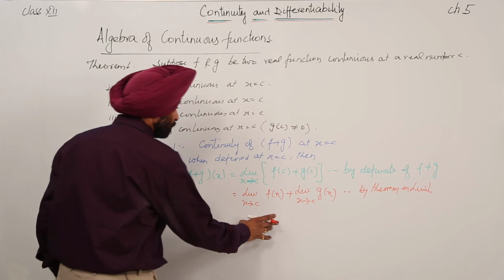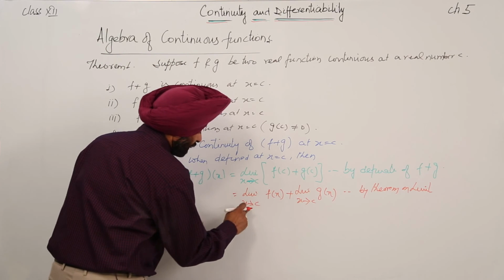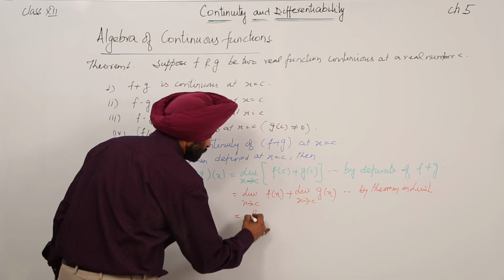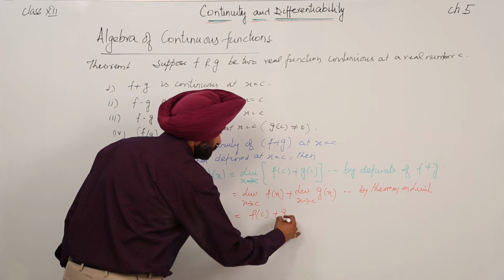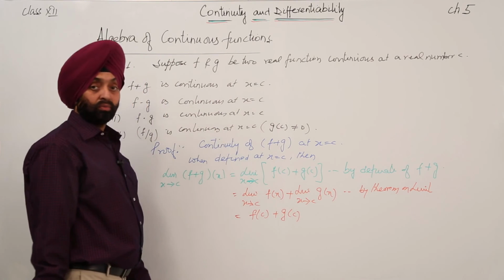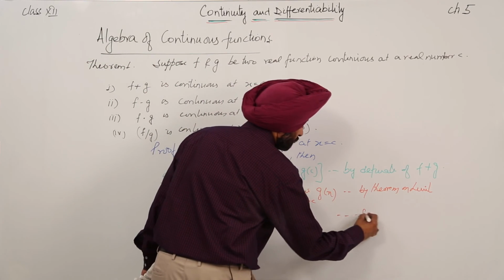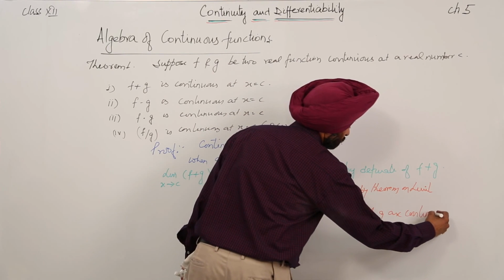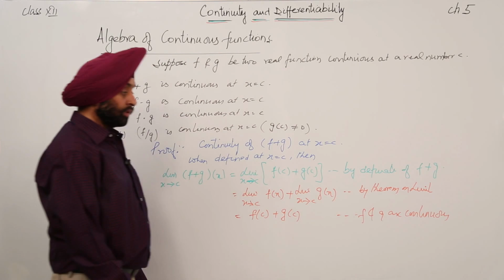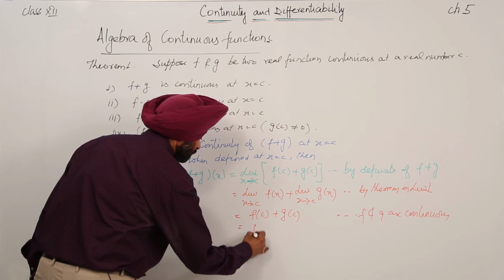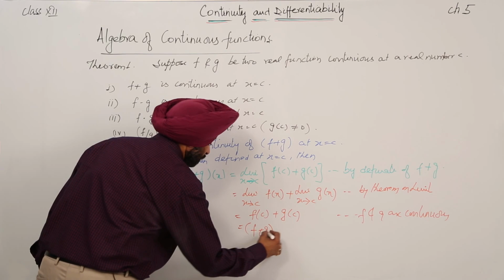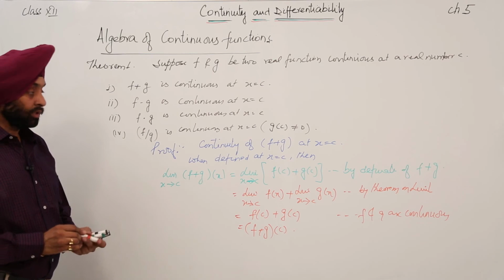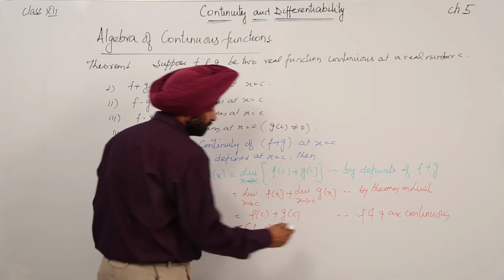Now to this part, what can we write? When limit x approaches to c, in place of x in f(x) it will be c. So we are having f(c) plus g(c). Why? Because f and g are continuous. To this part further, what can we write? (f plus g)(c). Okay, so this is proved, first part is proved.